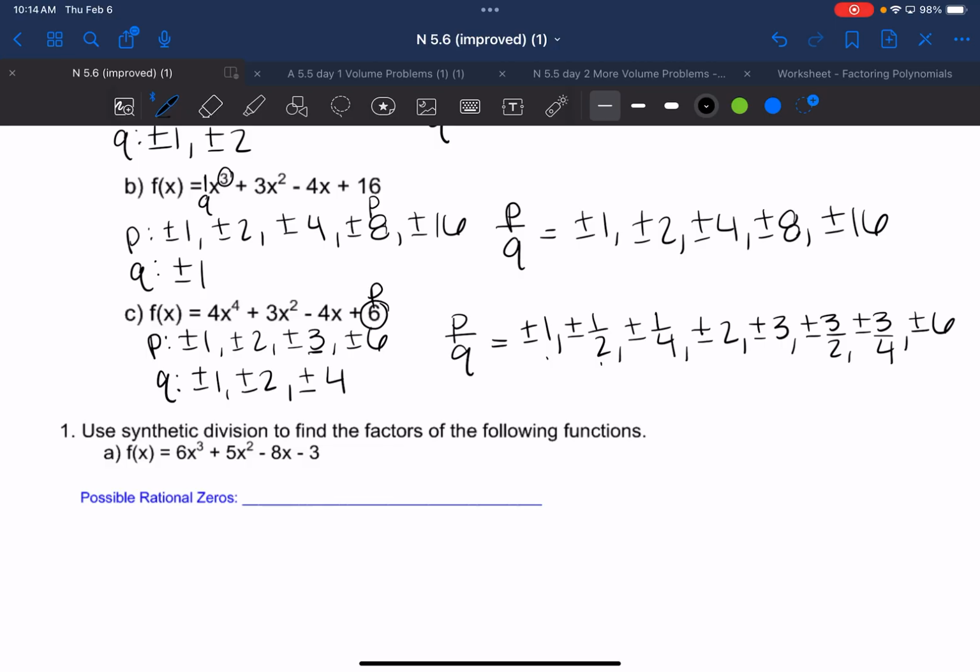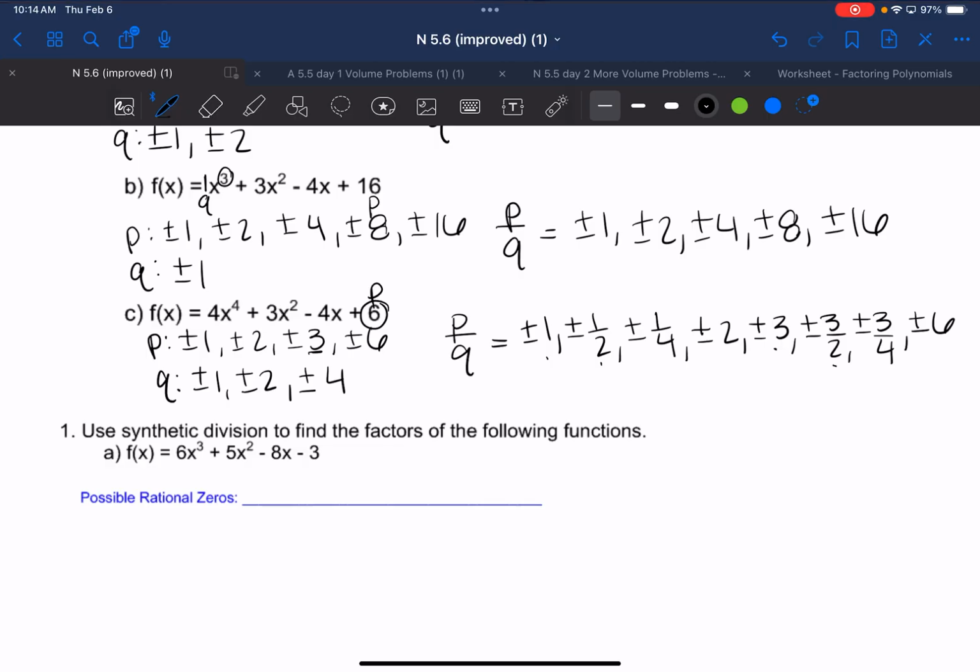And then I could put 6 over 2, but 6 over 2 simplifies to 3. Which we already have, right? Okay? And then I could put 6 over 4, but 6 over 4 simplifies to 3 over 2, which we also already have, right? So this is going to be our entire list.